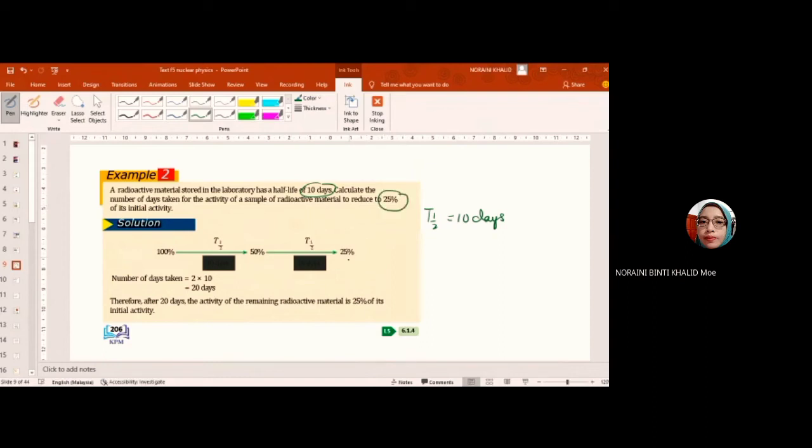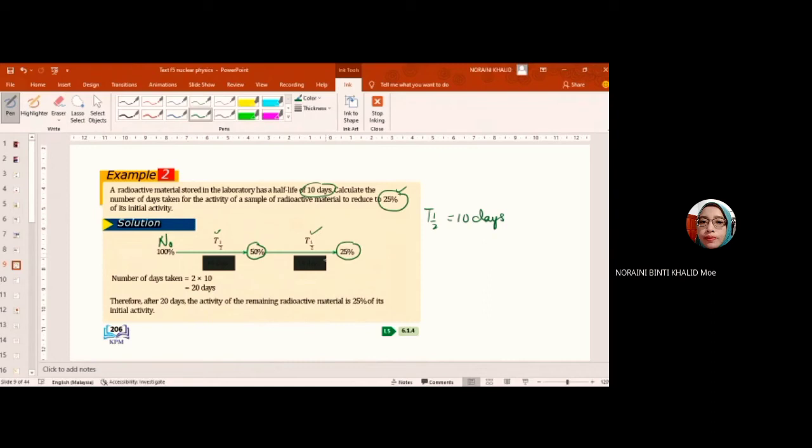One method is by using a schematic diagram like this. You can see, in percent, the initial activity is 100%. After one half-life, which is 10 days, it becomes 50%. After another half-life, it becomes 25%. So how many half-lives already? 1, 2.